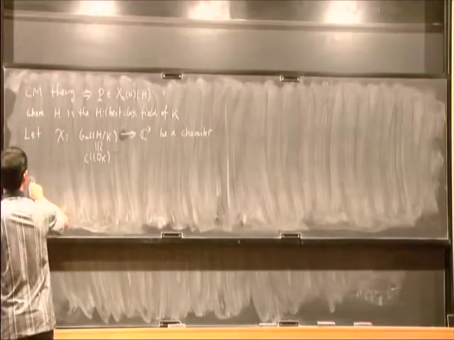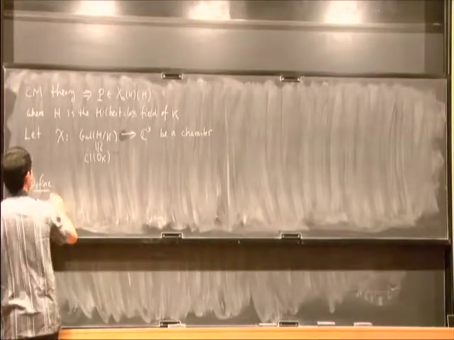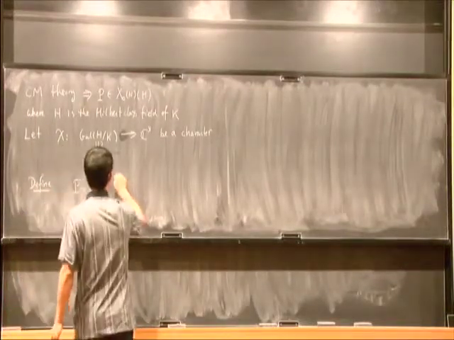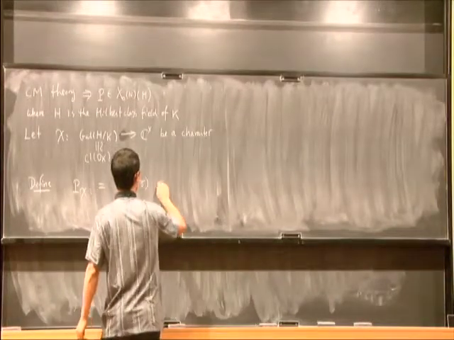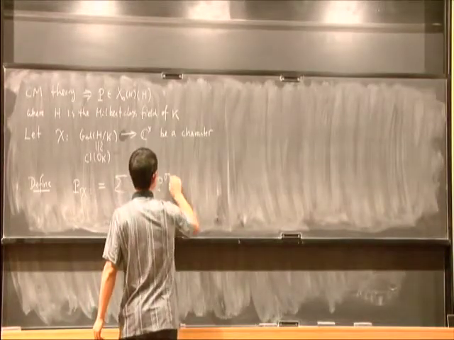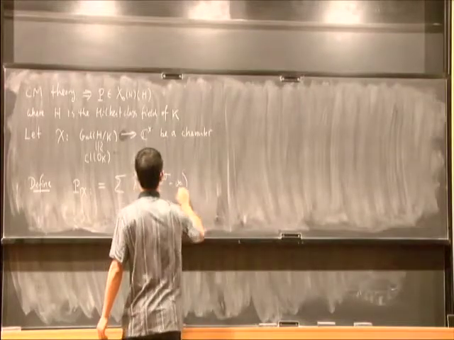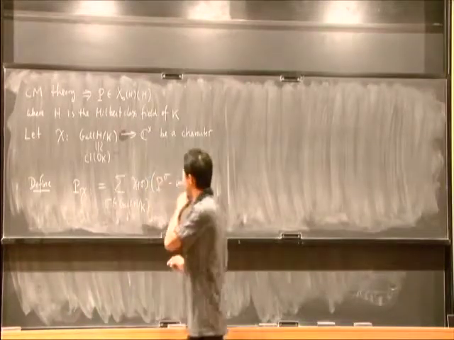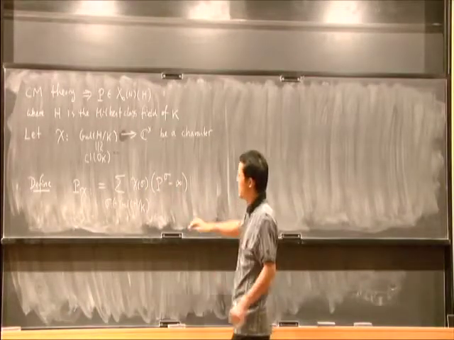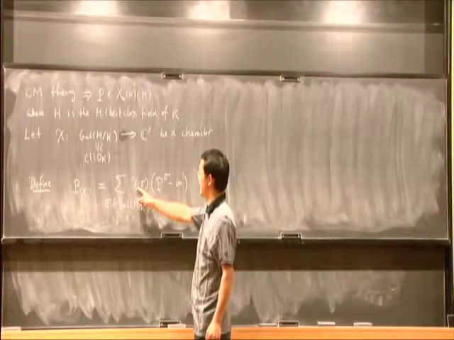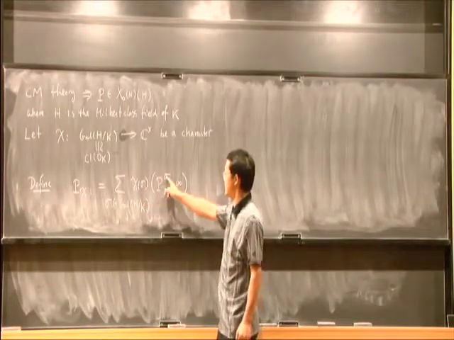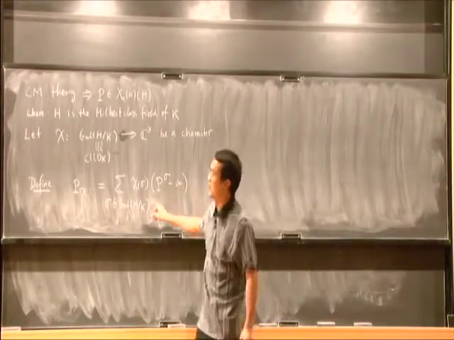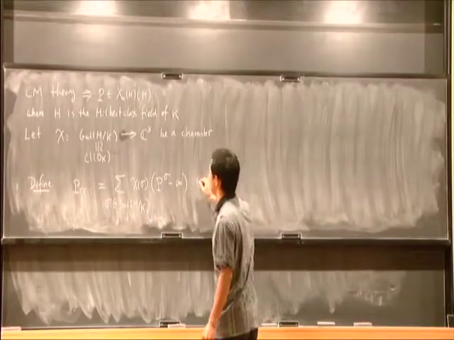Now we define this P_χ to be a sum twisted by χ, where σ acts on P, minus infinity to get degree 0. This infinity is the cusp on X_0(N).